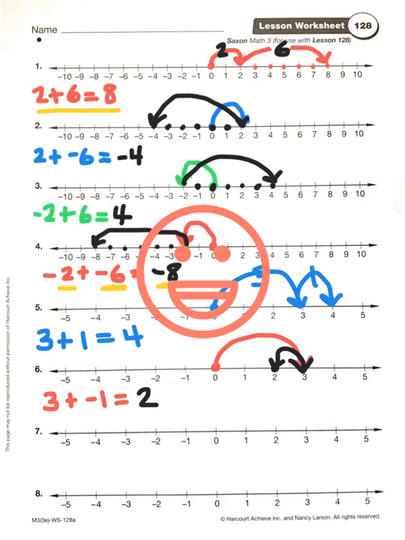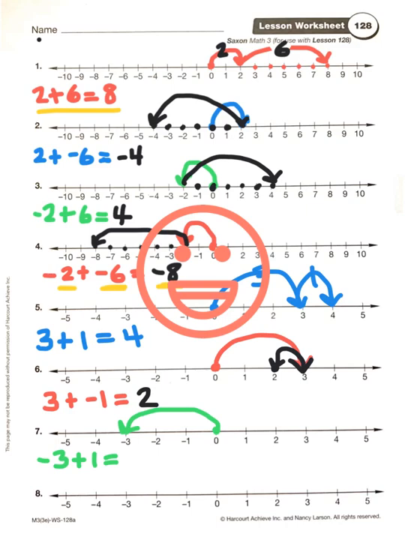Number 7. Let's go on to 7. Now we're going to do -3 plus 1. So remember, we start at 0 like usual, and our first number is -3. So we have to make our arc backwards on the number line to -3 because we go down on the number line for negative numbers. Then it says +1.